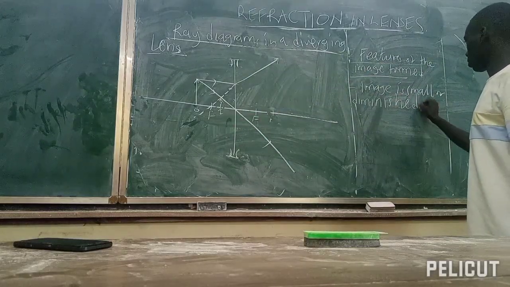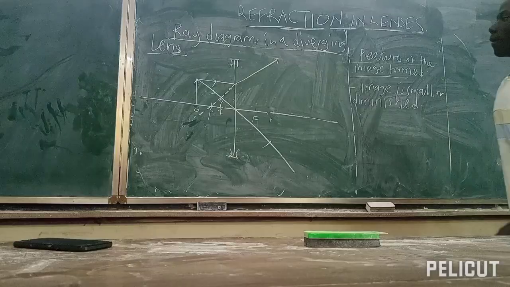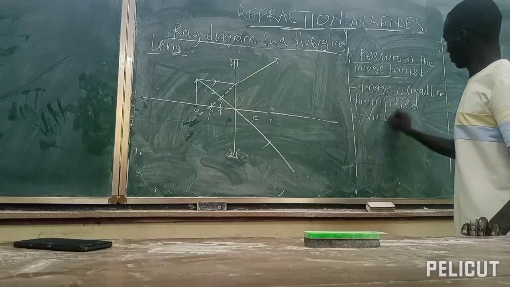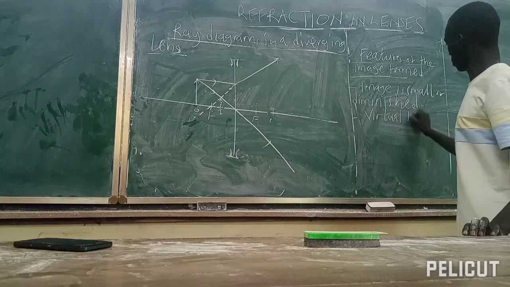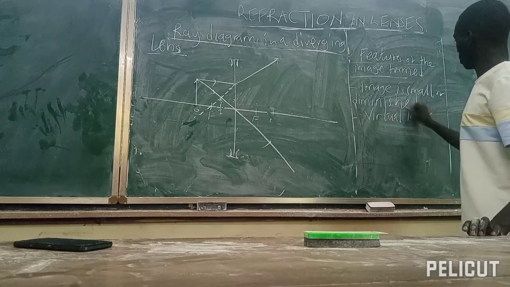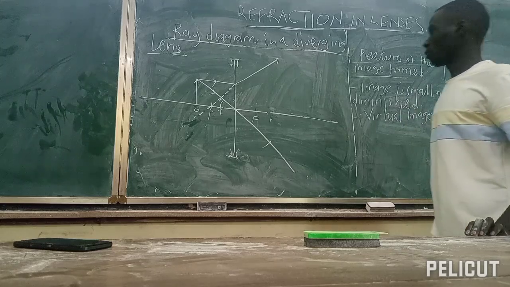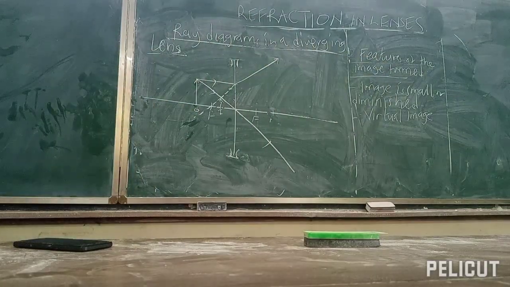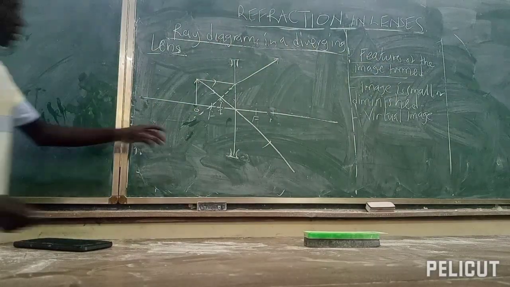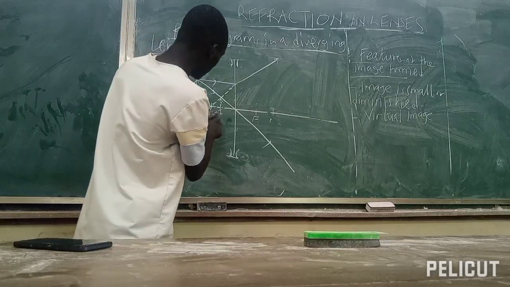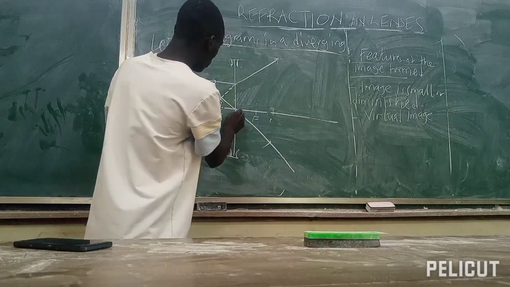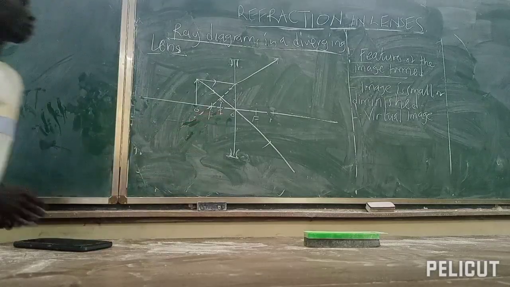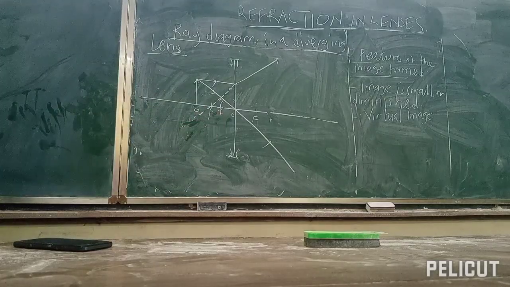And then it's a virtual image. Plus other features, which using a graph you can get by measurement: you measure the distance of the image from the optical center, then you measure another one, as features of the characteristics.